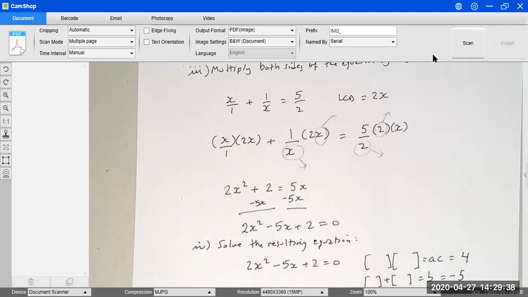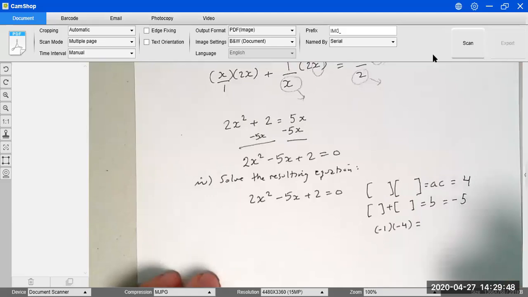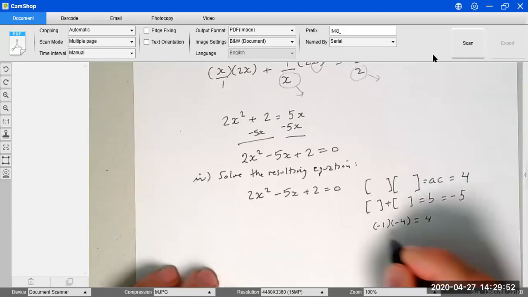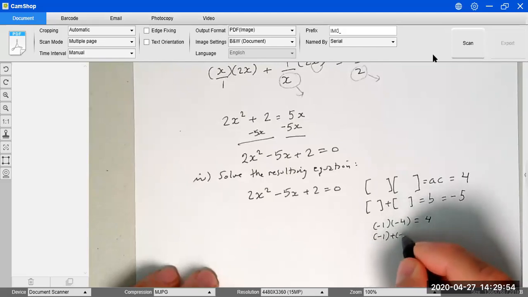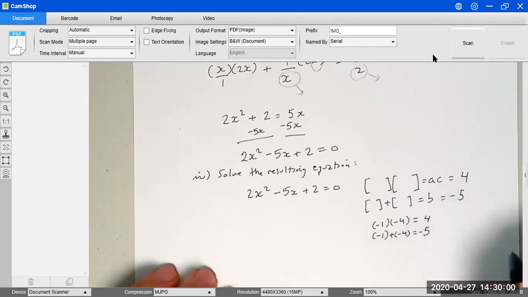So what are those numbers? Those numbers are 4 and 1. So they're going to be negative 1, negative 4. If you multiply negative 1 and negative 4, you're going to get positive 4. If you add negative 1 and negative 4, the addition of two negatives is another negative, so it's going to be negative 5.